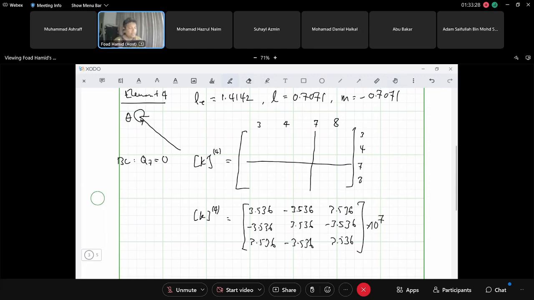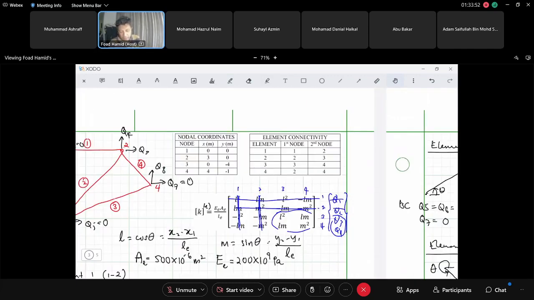Now we have all the stiffness matrices for all the elements. Note that in your element stiffness matrix, the diagonal is always positive. This is another way of checking, so please double check. If you look at my K matrices, the diagonals are all positive.